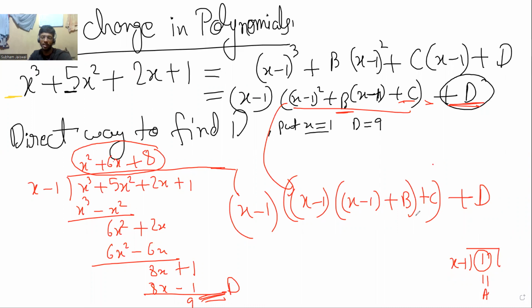When this entire thing is divided by x minus 1, then you look at the quotient, divide it by x minus 1, and look at the remainder. Look at the quotient, divided by x minus 1, and look at the remainder, that is the B. And the final thing is the A, which is, okay, we know it's 1, but maybe we can put it here. So, yeah, good.